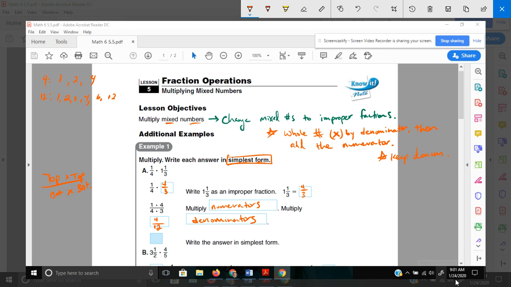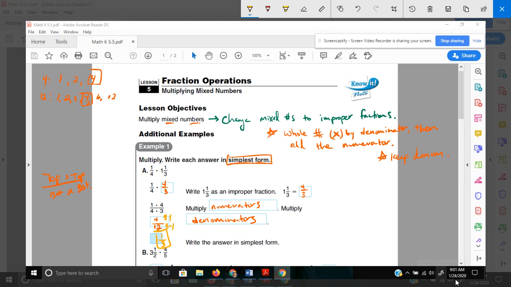So the greatest common factor that 4 and 12 have is 4. So what that means is I can divide my numerator and my denominator by 4. Divide by 4 on top and bottom. 4 divided by 4 is 1, and 12 divided by 4 is 3. So 1/3 would be my answer in simplest form.